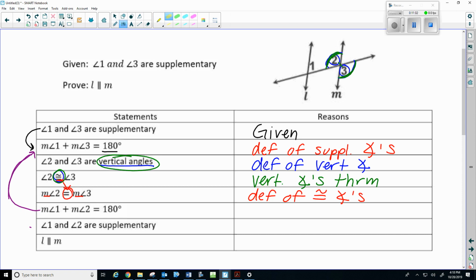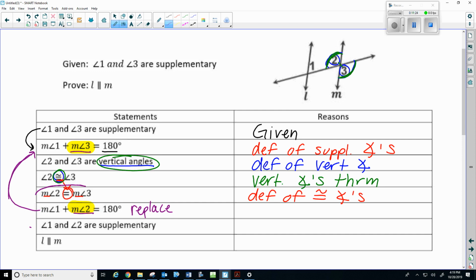The difference between these right here is that we have changed the measurement of angle 3 in the equation to measurement of angle 2. So we have done what we call replace. We have replaced the measurement of angle 3 right here with the measurement of angle 2.